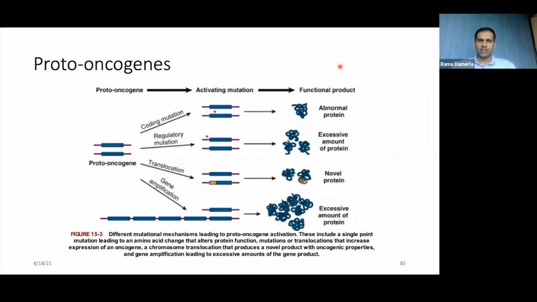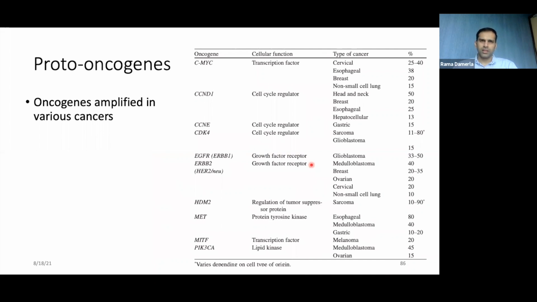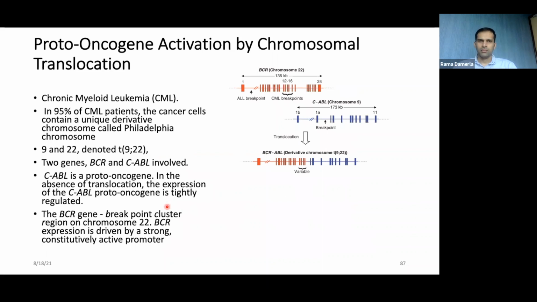So these are again different pathways as to how an activated mutation can cause these proto-oncogenes to produce an excess amount or a novel protein that causes cancer. This is the list of proto-oncogenes that are mutated in several of these cancers.